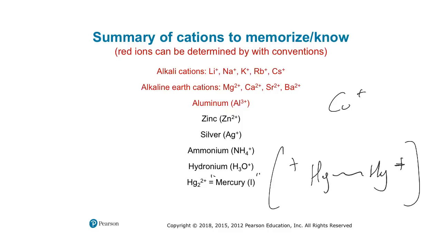Or if I were to say cobalt(I), I don't think that really exists, but that would just be cobalt with a plus 1 charge. But if I say mercury(I), it's not mercury with a plus, it's really 2 of them with a 2 plus charge. So on average each mercury has a plus 1 charge, but they're linked together through some type of linkage with an overall 2 plus charge. This comes up a bit in chapter 4 in some examples that we'll see.